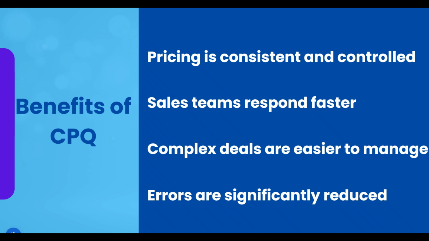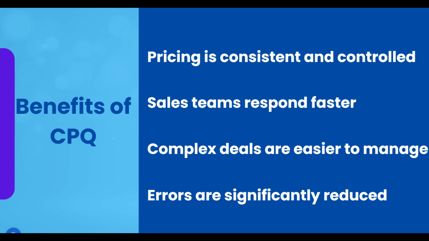Now let's talk about the key benefits of using CPQ in a business. The first benefit is that pricing is consistent and controlled. Since pricing rules, discount structure and calculations are predefined in the system, every sales representative follows the same pricing. The second benefit is that the sales team responds faster.